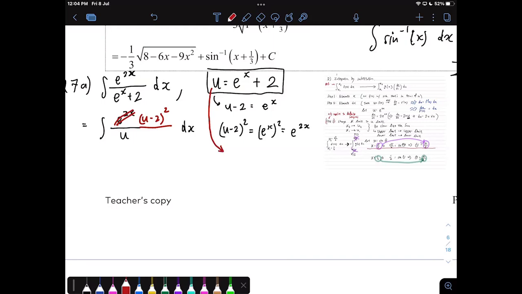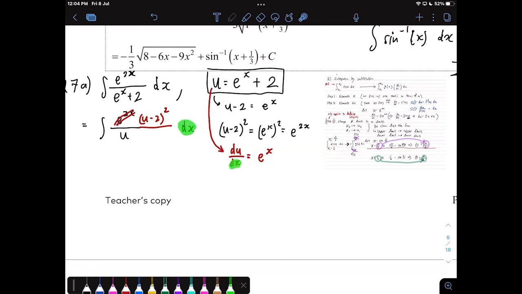So how do you get the du? Differentiate u. Exactly. So you get du by dx equals e power x, plus 2 has no derivative. Very good, correct. Then now you have dx over here, but you have du at the bottom.